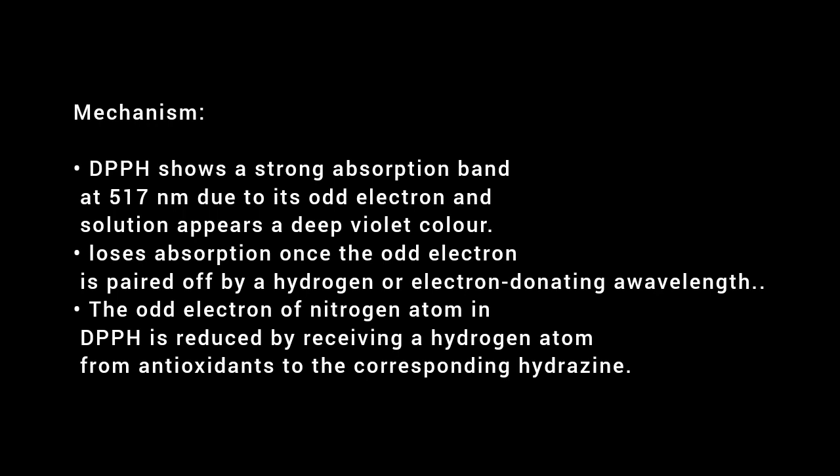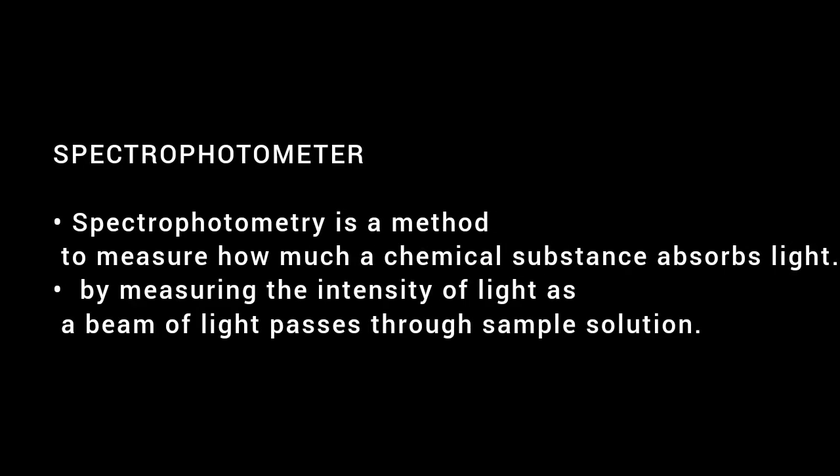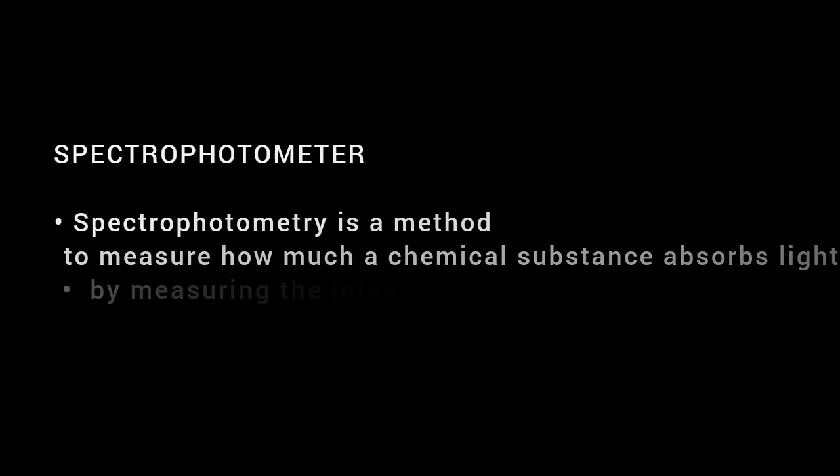It has a fixed and definite capacity to absorb or transmit light over certain wavelength, and DPPH shows a strong absorption band at 517 nanometer. Just in case you are wondering how to measure absorbance, it is measured by using an instrument called spectrophotometer. So spectrophotometry is a method that's used to measure how much a chemical substance absorbs light by measuring the intensity of light as a beam of light passes through sample solution.